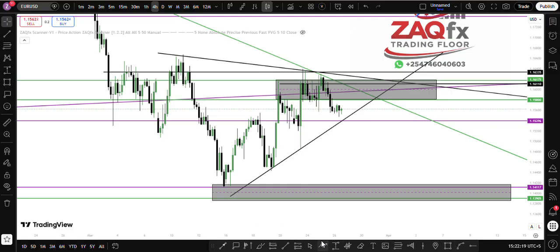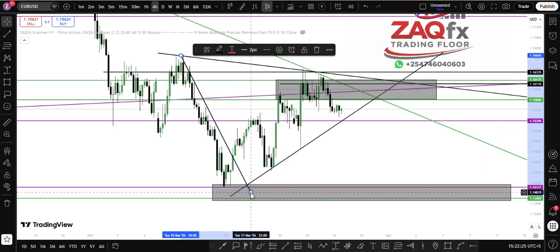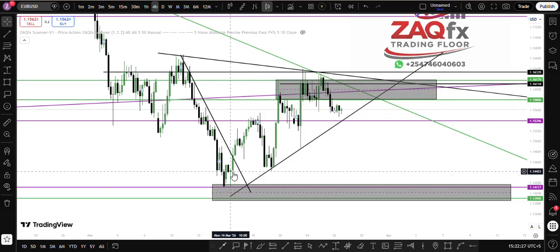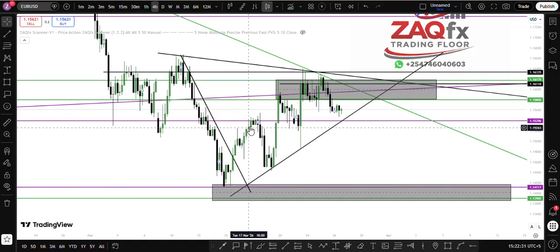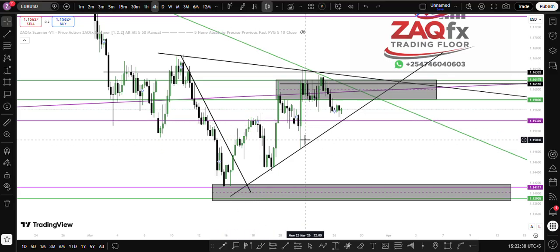I will buy right here when the price hits my support on monthly. Then I will have bought here, stop loss at the previous low, and wait and take profit at my next resistance, either monthly or weekly, depending on the grid level.